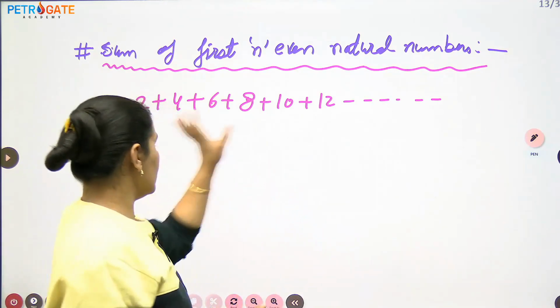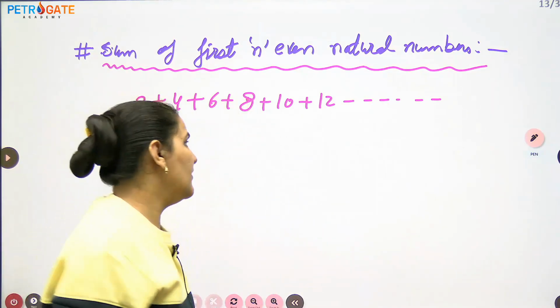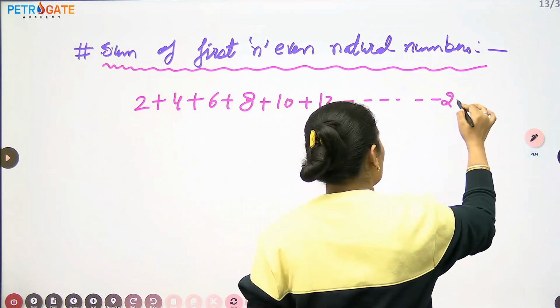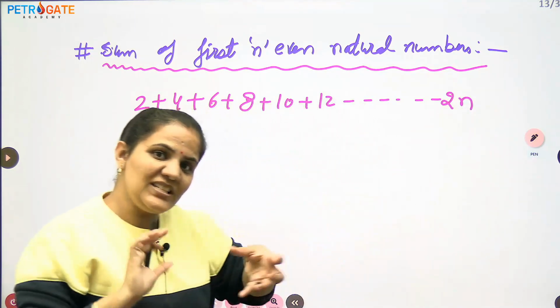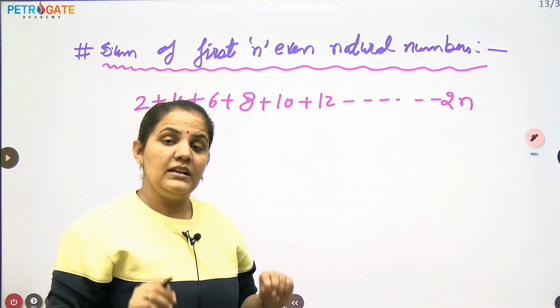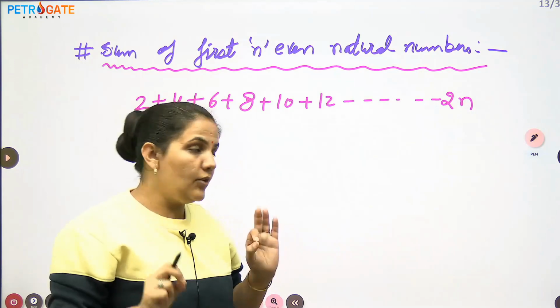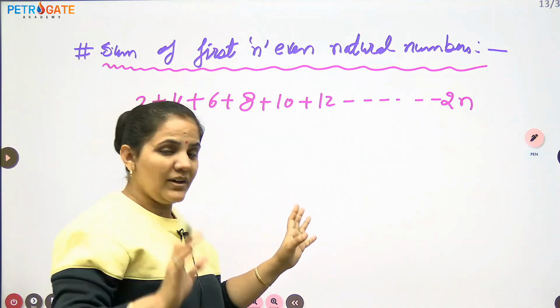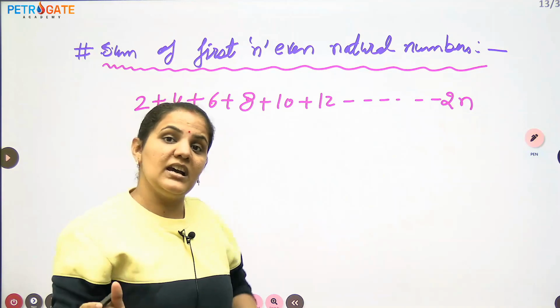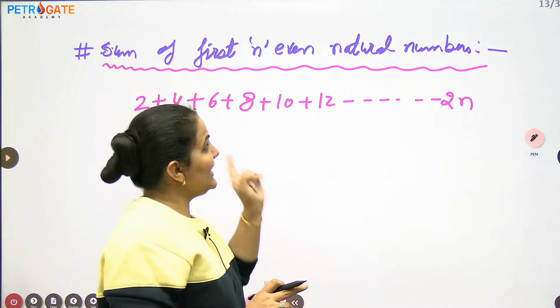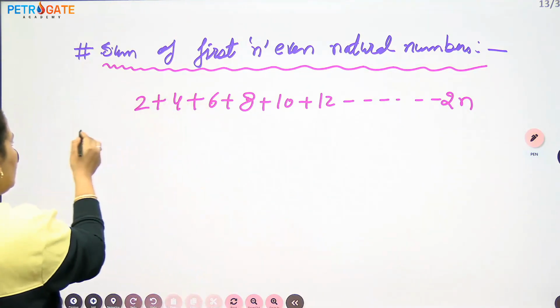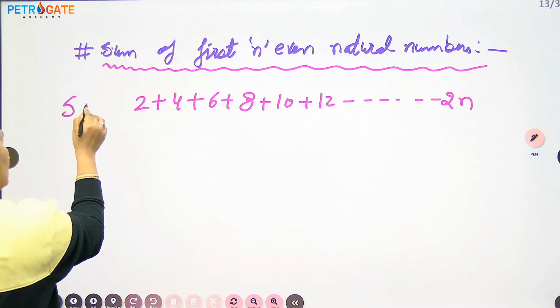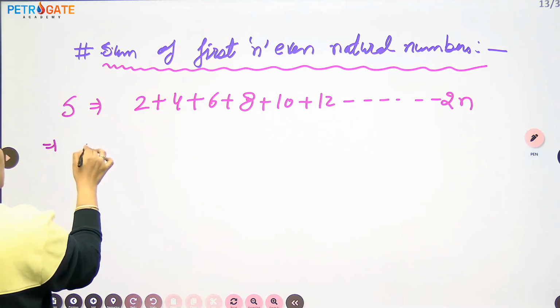Suppose we have a series of first n natural numbers which are even, and we have to find out the sum of this series.